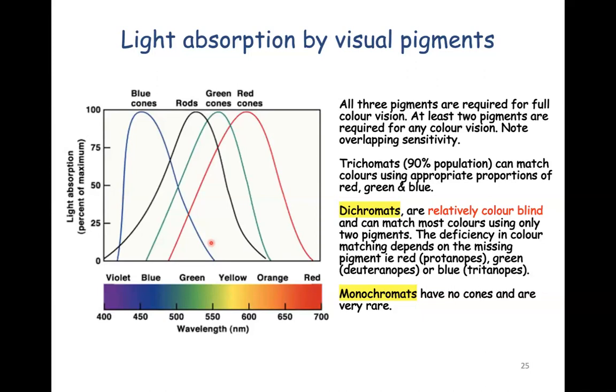What happens is they are missing one certain type of cone in their eye, and that prevents them from being able to see that color. This is not the same as color blindness. So color blindness is an inability to perceive colors altogether, even if you have the right cones. These people are generally missing just a certain cone. So that means that they are relatively colorblind.